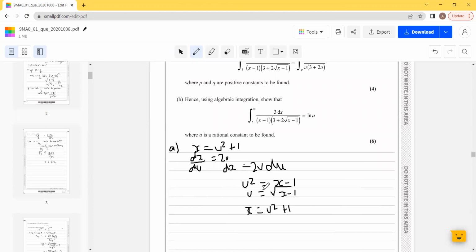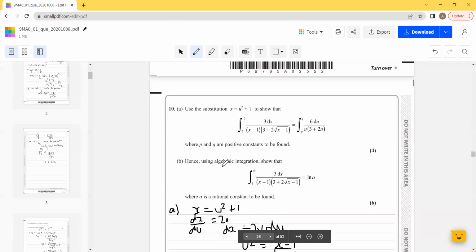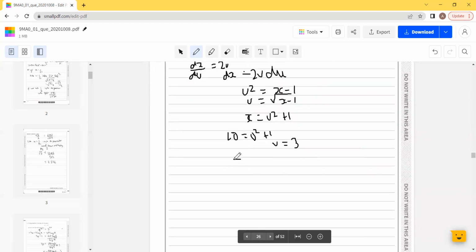This helps us find what p and q are. When we have 10, we know that 10 is equal to u squared plus 1, so u must be equal to 3, because we know the constants are positive. And 5 is equal to u squared plus 1, so u must be equal to 2.